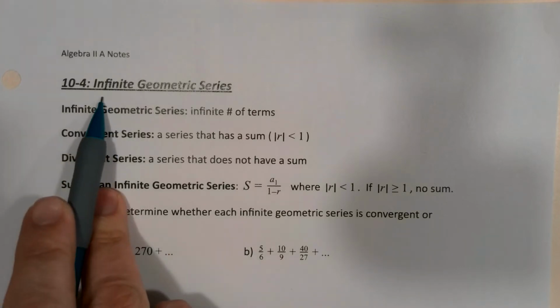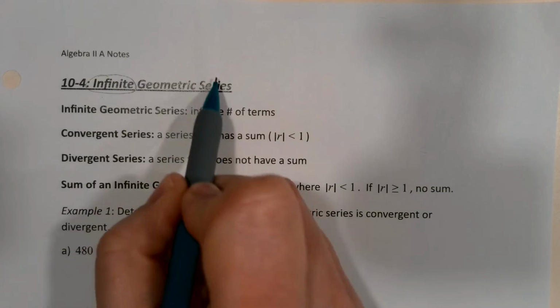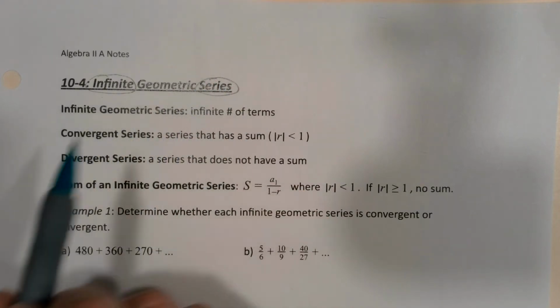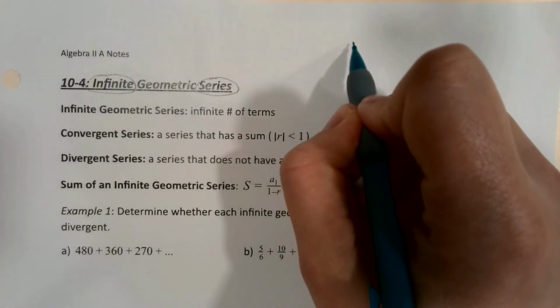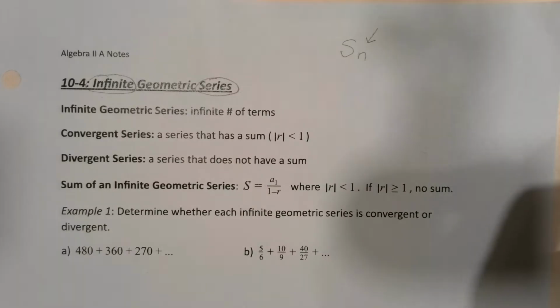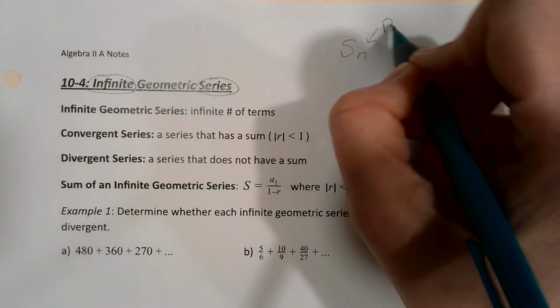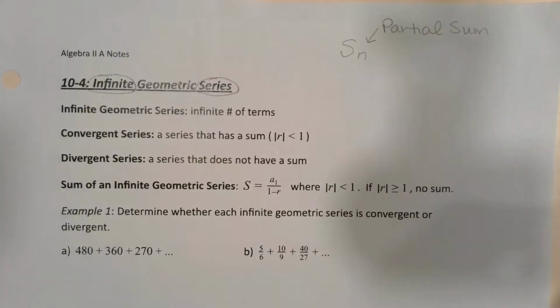Today we're going to talk about infinite geometric series. So what do these things mean? The last two sections we were doing things and labeling them as S sub n. That n meant we were doing it for a limited number of terms, so it was a partial sum.